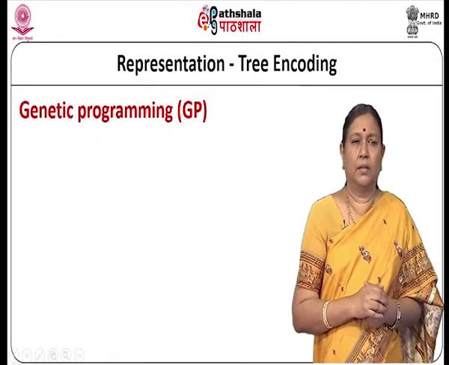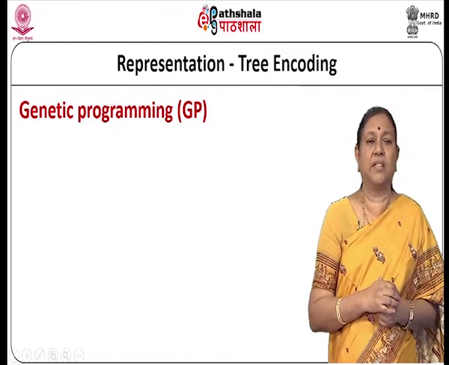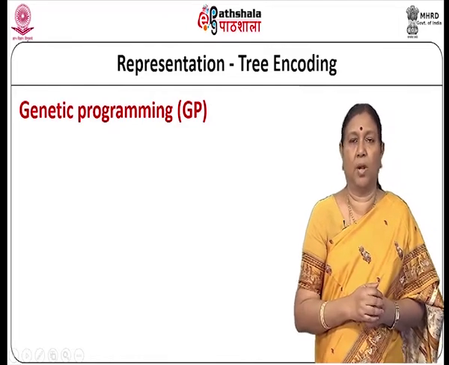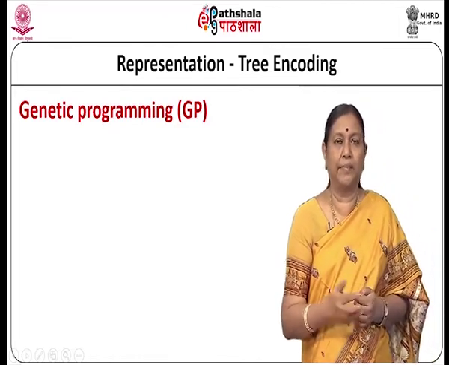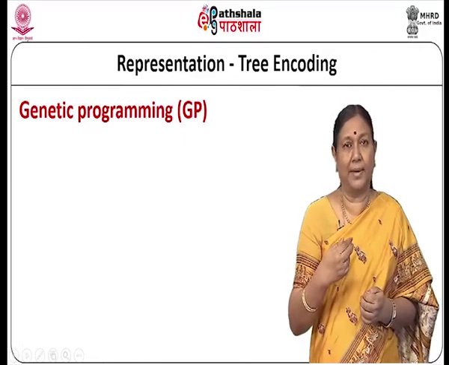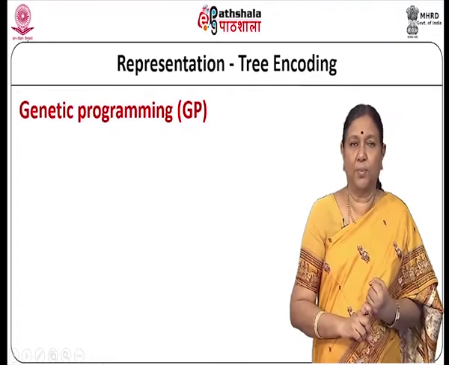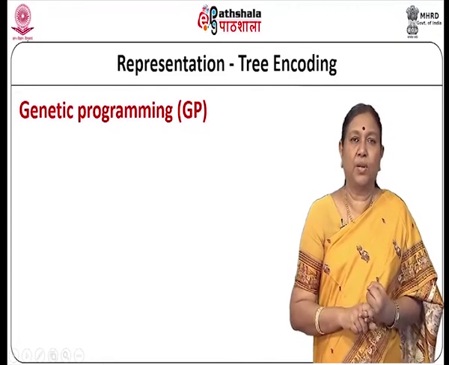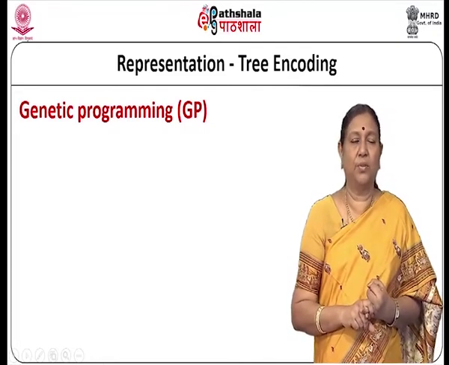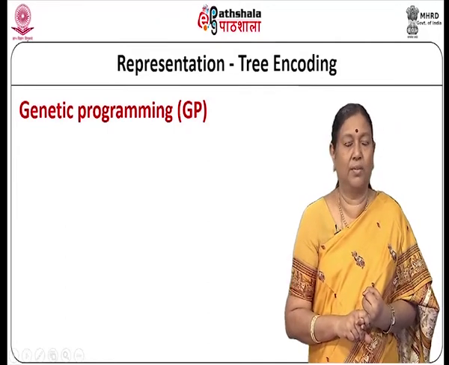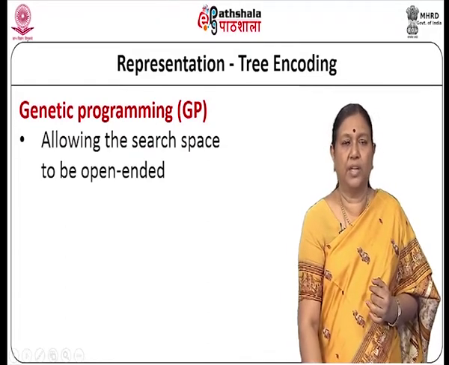Now, another encoding is the tree encoding, and this is more commonly used along with genetic programming. We will go into what is genetic programming later on, but here we are talking about the representation. First we spoke about binary encoding, then multi-valued or real valued encoding, and here we are talking about tree encoding.